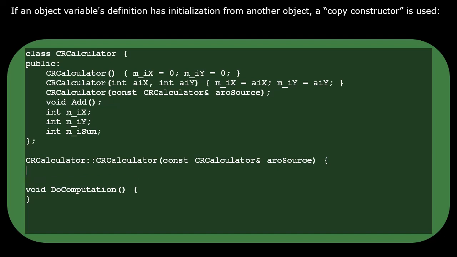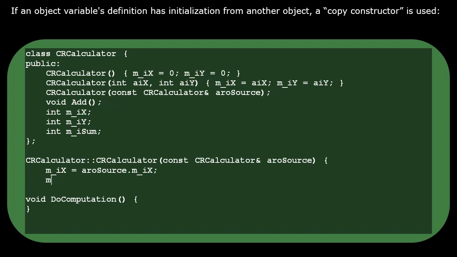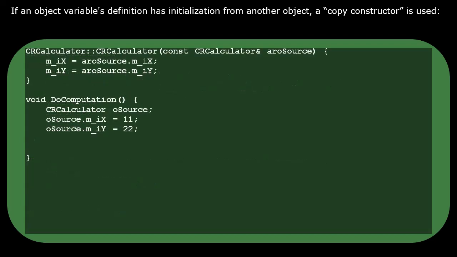The copy constructor is implemented to initialize this new object by copying information obtained from some other already existing object. Either of these two syntax forms will cause the copy constructor to be used.